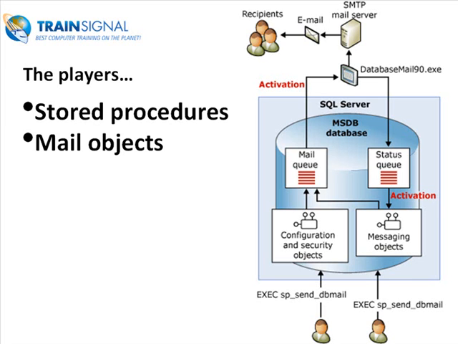And that's what we're doing here. It's used all throughout Microsoft products, but here we have objects that are specifically oriented toward handling configuration tasks and data, security tasks and data, as well as the actual messaging tasks and data.